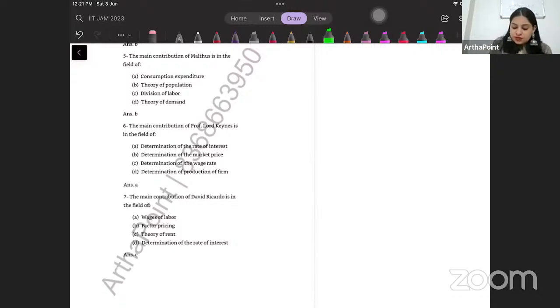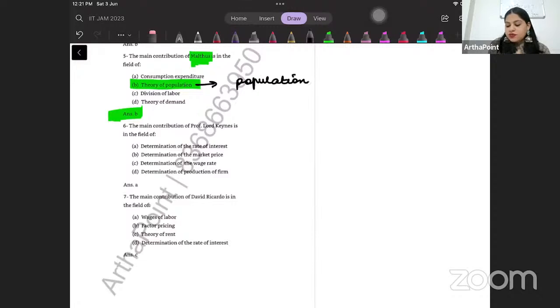So Malthus, he gave the theory of population. Answer is B. And please write down what did he state? That population grows more than the food supply rate.